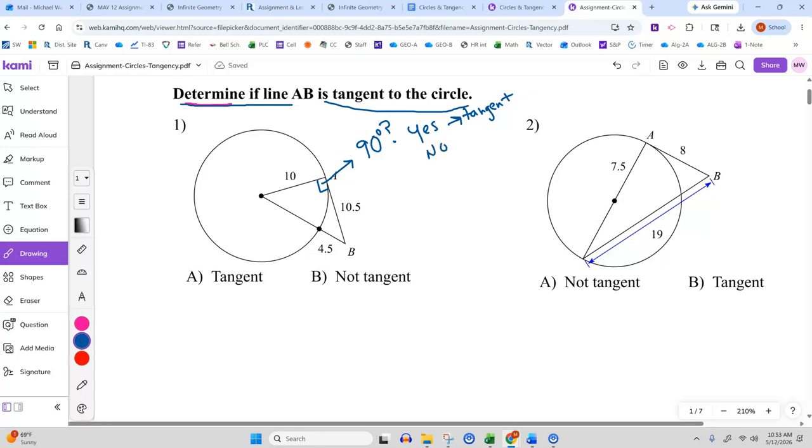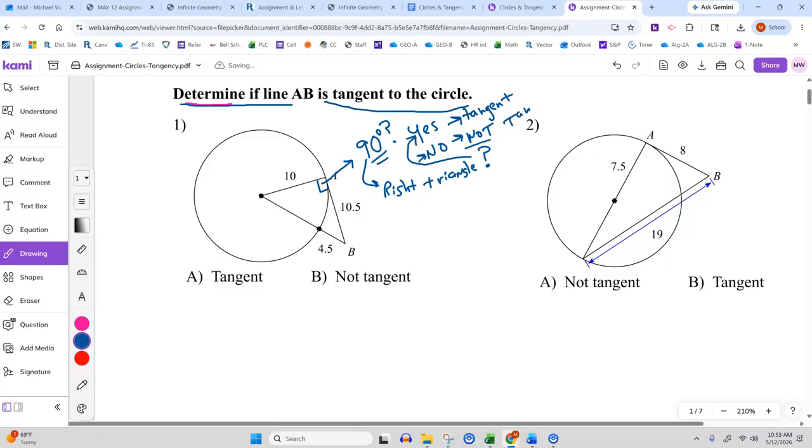If no, then it's not tangent. Okay, so we need to determine that. And we're going to do that by seeing, is it a right triangle? If yes, then it's tangent. If no, then it's not tangent.